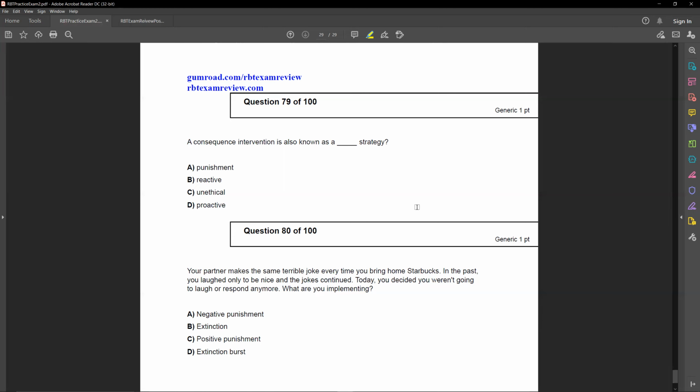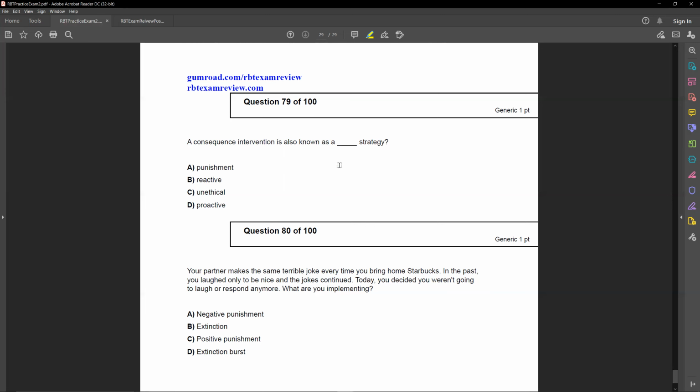So try it here. Consequence intervention is also known as a what strategy? Well, we have reinforcement, we have punishment, we have reactive, so we're looking for one of those in that ballpark. Okay, so we have a consequence intervention is also known as a punishment strategy. Well, that was one of our choices. Okay, what's the problem with that, right? It can also be a reinforcement strategy, right?